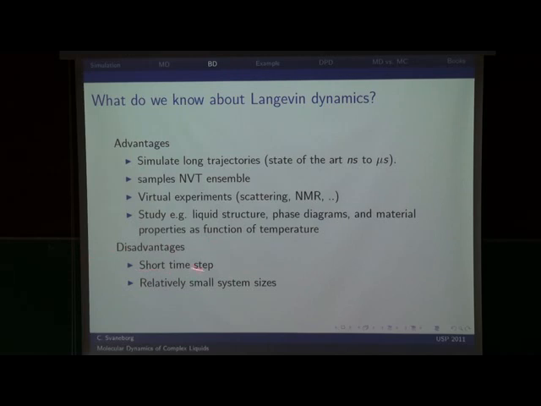We are using relatively short time steps. We cannot make the time steps faster than the dynamics of how the particles are moving. And still we are confined to using relatively small system sizes. But so now, Gaussian dynamics is, I would say, a very neat way of doing molecular dynamics with temperature control. But we can do better.